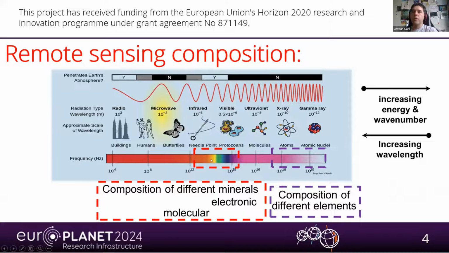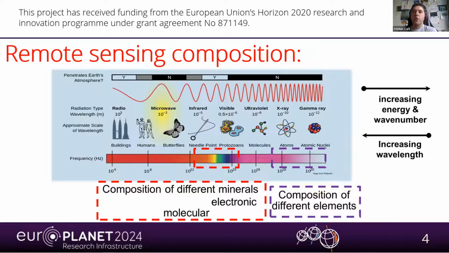Generally, we have to consider two different spectral ranges. One is closer to the visible and the infrared, which gives information related to electronic or molecular absorption, allowing us to analyze mineral phases that have specific absorptions. The other is correlated with the gamma ray and X-ray wavelength range, which gives information about the presence of iron, titanium, or several other elements on the surface, not directly related to mineralogical information.